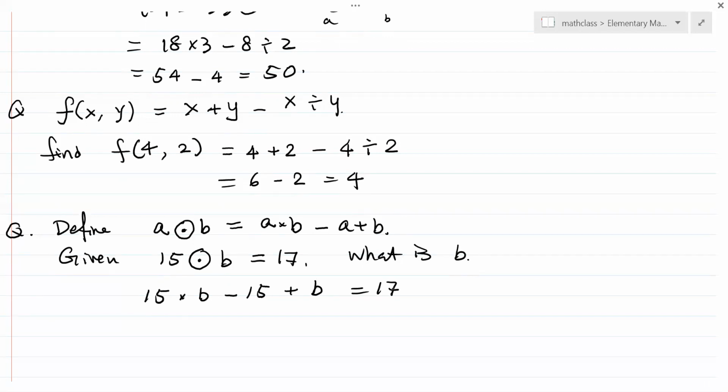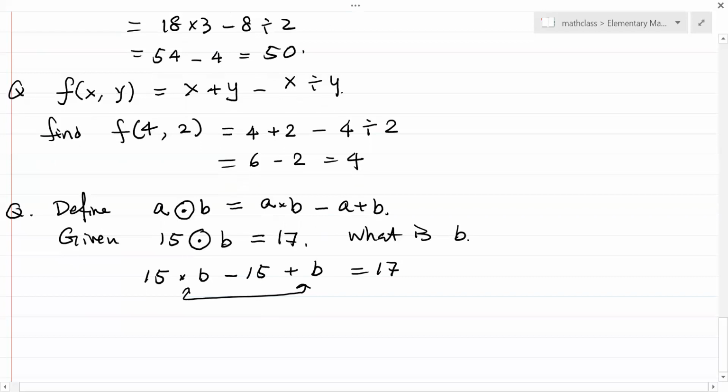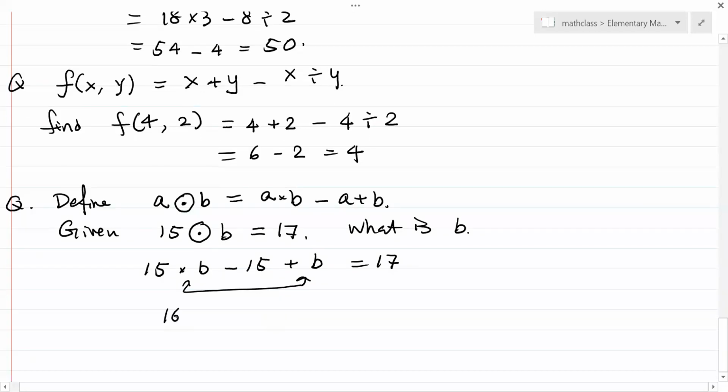This is the first time we see equation. So how can we solve this problem? You have a 15B and plus 1B. You can group this together, right? So 15B plus 1B. How many B's are there? 16B, right? And still minus 15.